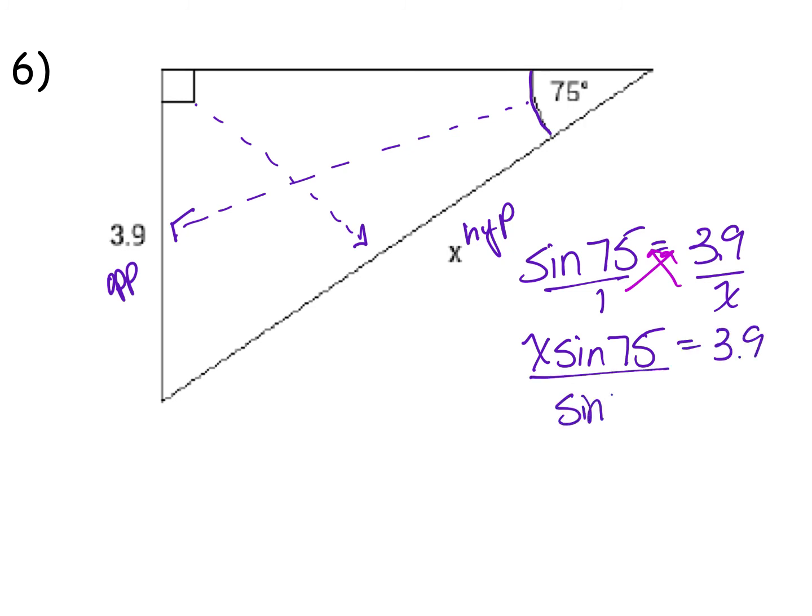Divide by sine of 75. And x is approximately going to be equal to 3.9 divided by sine of 75, which is 4.03. I'm going to put 4.03, although it should probably just be 4.0. But there we go.